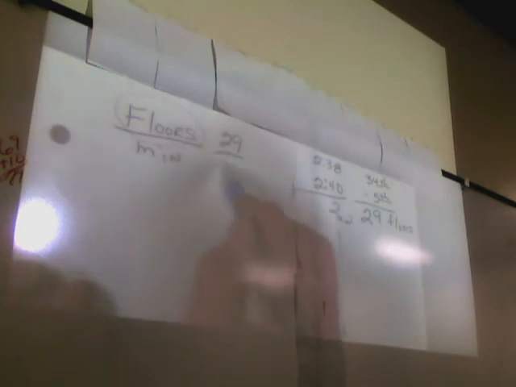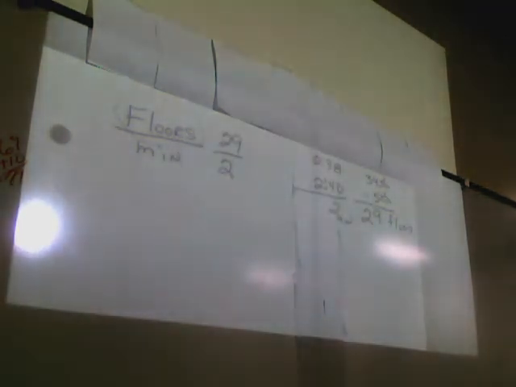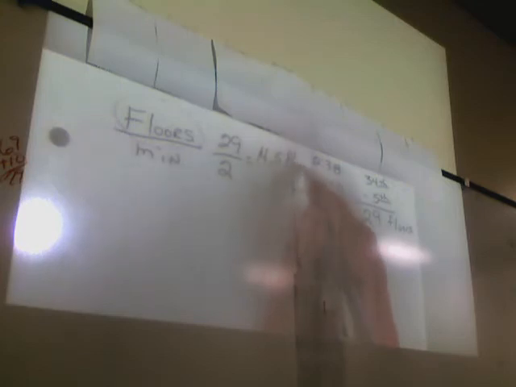So 29 floors in 2 minutes. If you divide that, you'll see how many floors for 1 minute. That's what you want, is for 1 minute. So divide 29 by 2. 14.5. So it's 14.5 floors per minute.